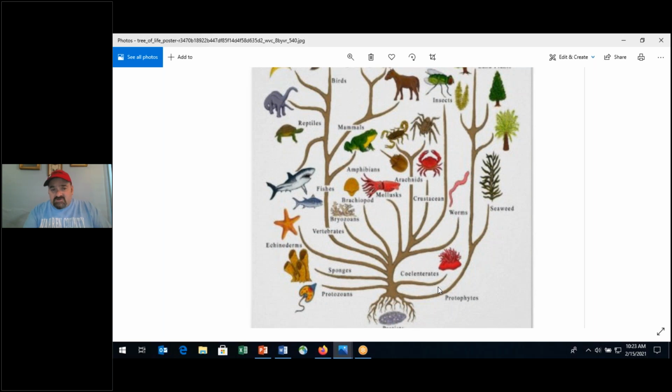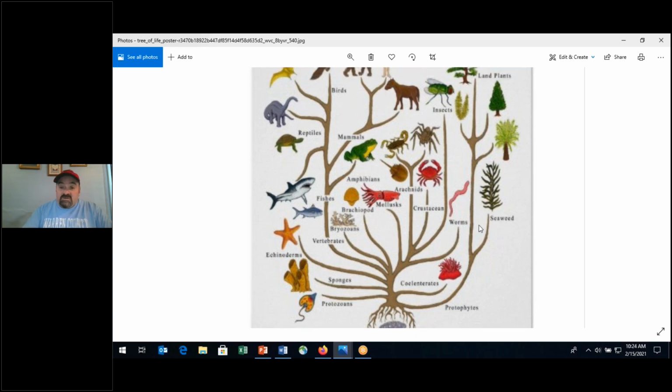With evolution, understand that one of the main parts of the theory is that very long periods of time allow for change. Time, in addition to change, and the change takes place over long periods of time. So we're talking millions of years, not just hundreds and thousands of years. For evolution, it's millions and billions of years. That's what we're talking about as far as the origin of life.